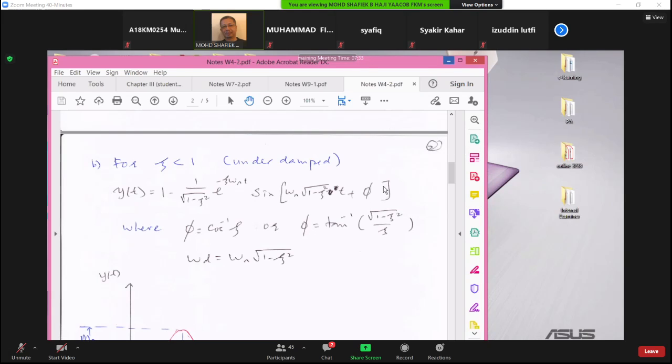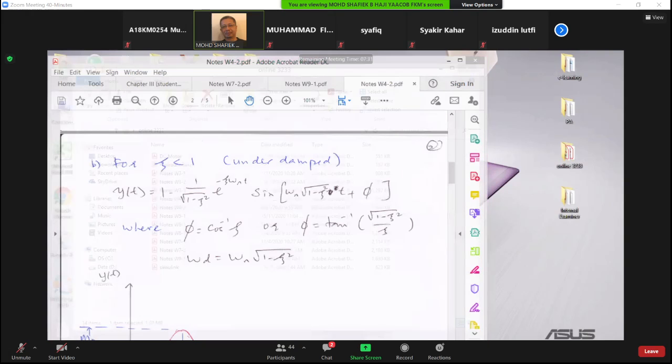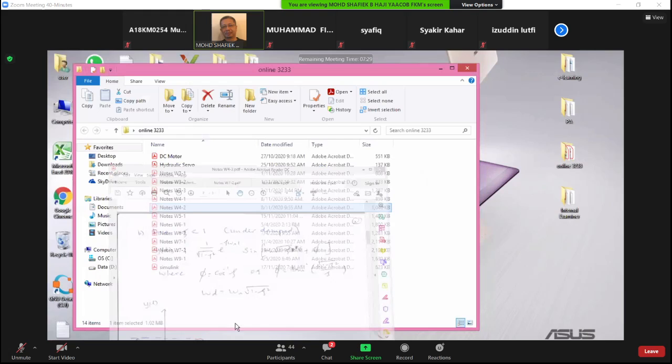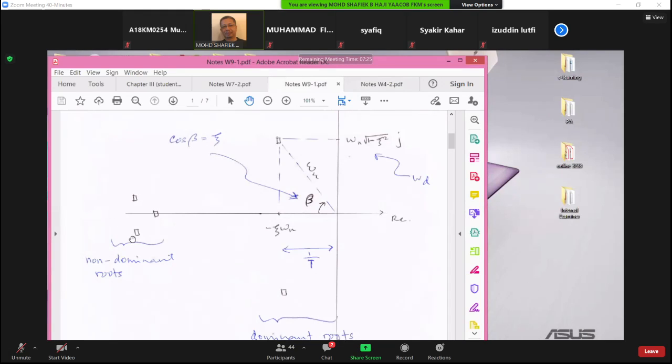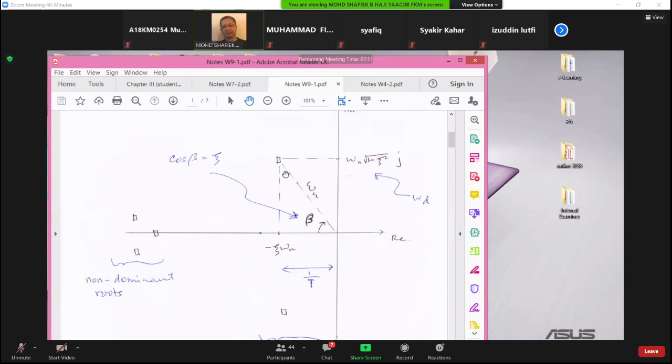Now let's go back to the interpretation of the root locus diagram. The roots that are further away from the imaginary axis, we call non-dominant. Let's forget about the roots far away from the imaginary axis and just focus our attention on these two roots.